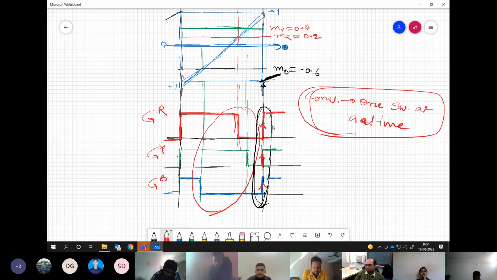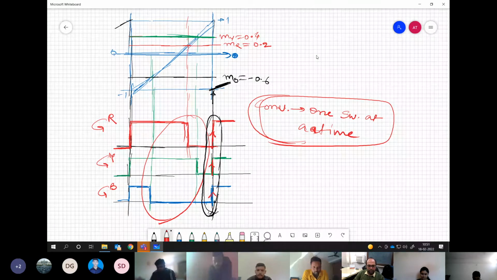To avoid this scenario, instead of a ramp signal, we can have a triangular carrier. Instead of a ramp which starts at -1 every switching cycle, we can have a triangle going from -1 to +1 and then coming back to, I'm sorry, -1.